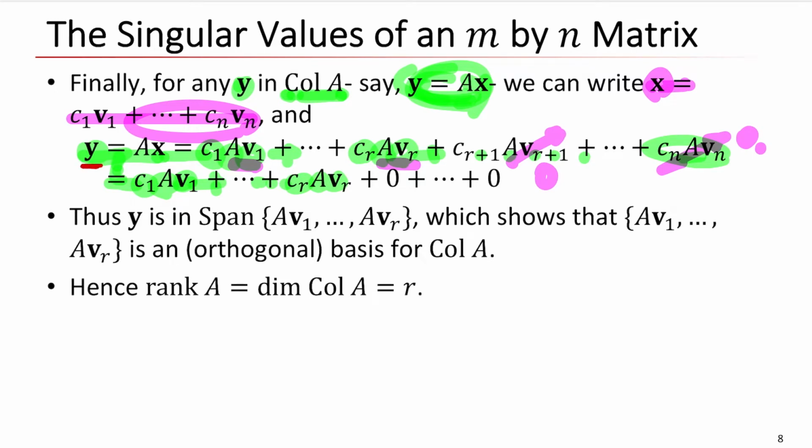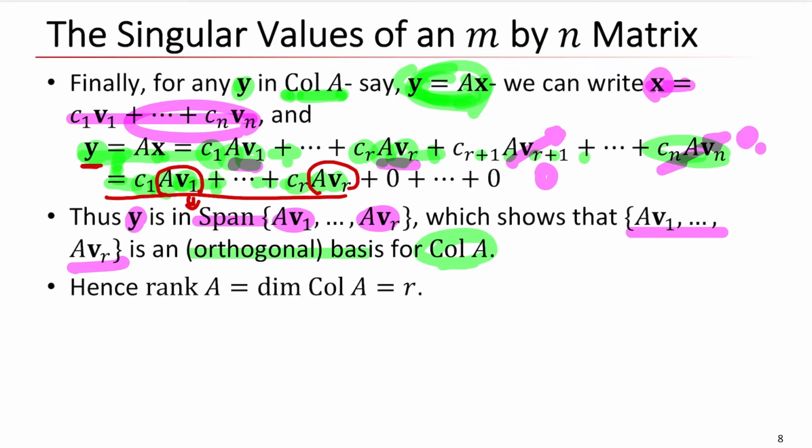So from here, the vector y can be represented by Av1 through Avr, right? In other words, we can say that y is in the span of Av1 through Avr, which shows that Av1 through Avr is an orthogonal basis for the column space of A, right?